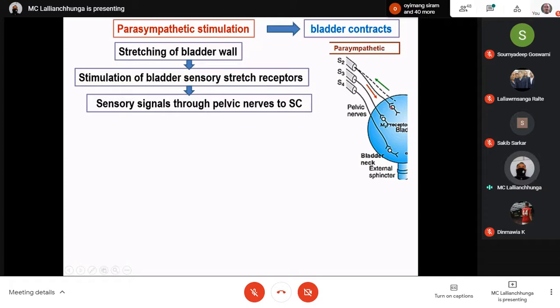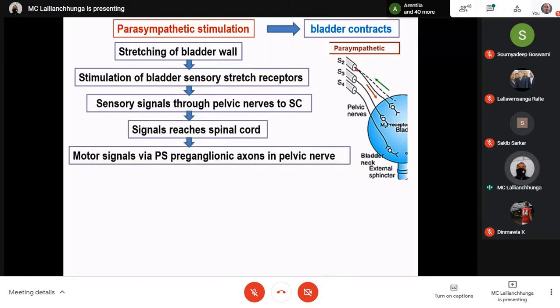Again, that will ultimately stimulate the sensory nerve endings, or sensory receptors, which means it will send an impulse towards the spinal cord. Inside the spinal cord, these sensory signals will be processed, and the spinal cord will send out motor impulses. This is predominantly parasympathetic action in the pelvic nerve.